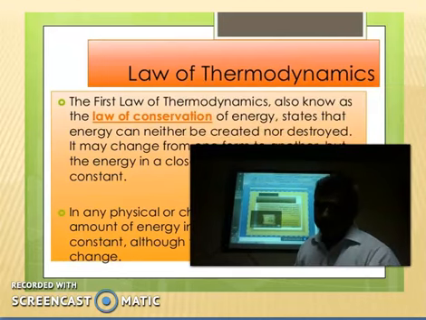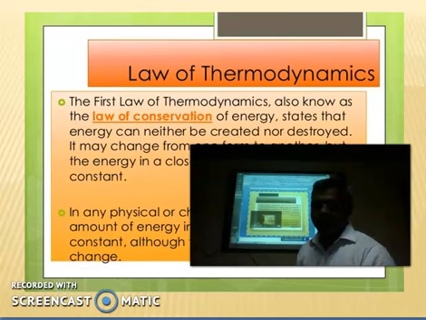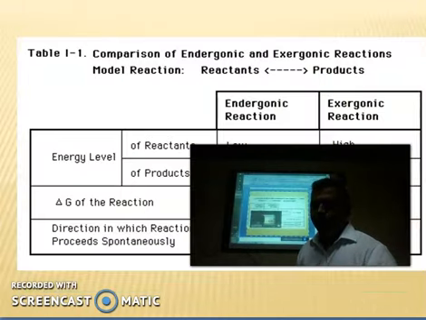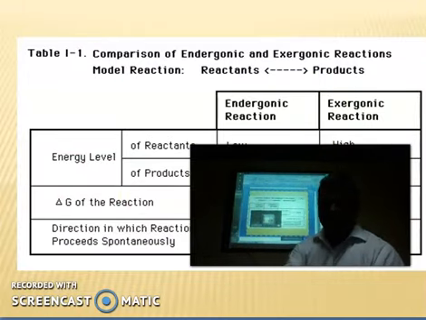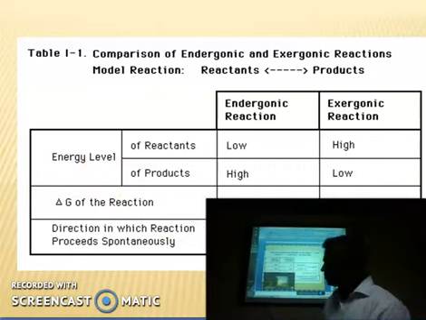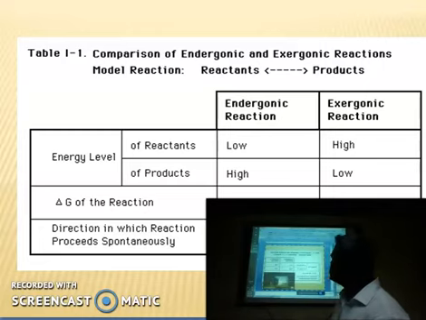Okay, so we will see what reactions are involved, endergonic and exergonic, and what changes are found in them. This is the first comparison table of endergonic and exergonic reactions. For example, the energy level of the product in an endergonic reaction is high, whereas in an exergonic reaction it is low.